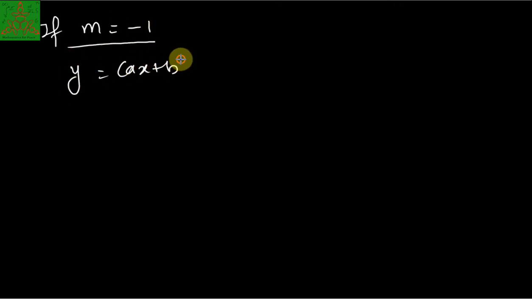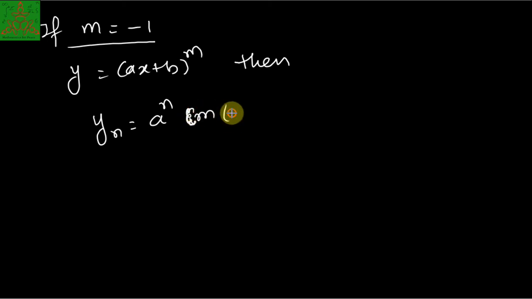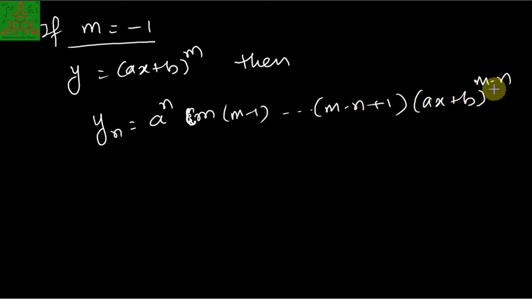The first one is, what will happen if m is equal to minus 1? If y is equal to (ax plus b) power m, then we know that yn is a power n, m into m minus 1 up to m minus n plus 1, (ax plus b) power m minus n.